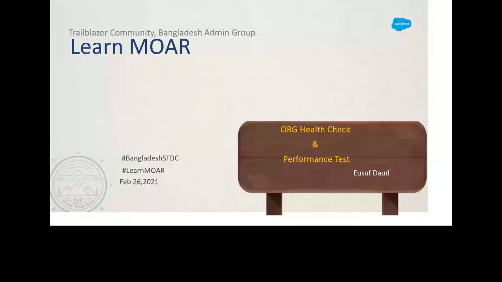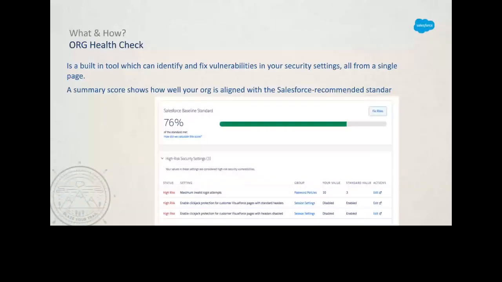Let's understand what is org health check. Org health check is the built-in tool with which we can check the health, and by checking the health, we mostly try to understand the security features.